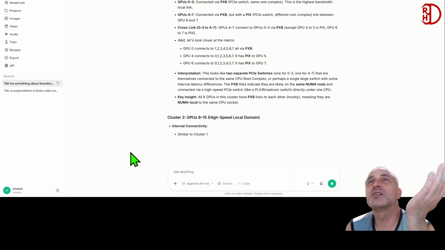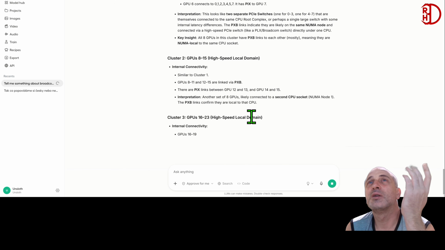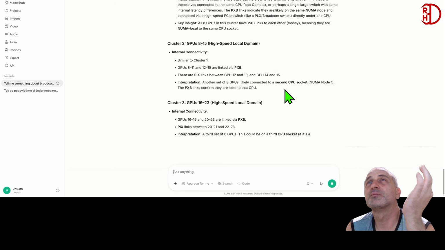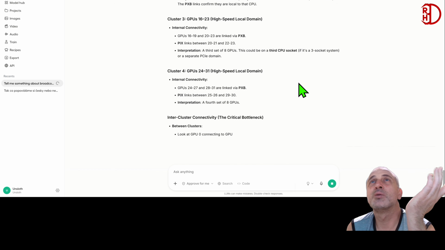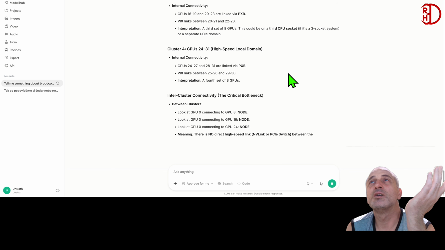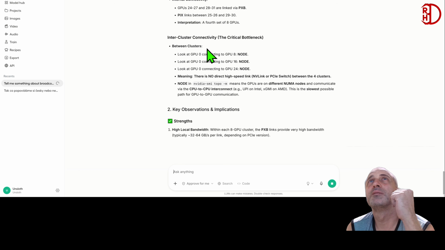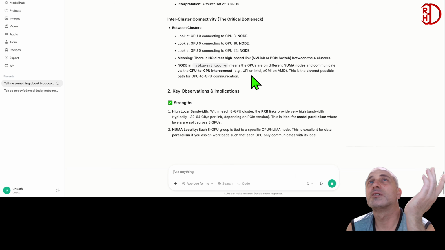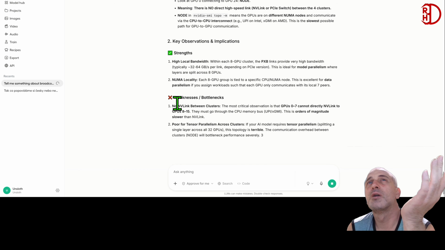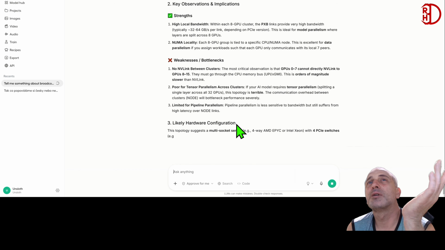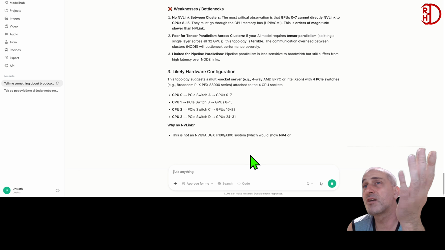And you see it has everything: cluster 1, cluster 2, making information about the nodes. It's doing everything. Cluster 4 also. See, it's making so many things. No bottleneck, okay, blah blah blah. Likely hardware communication. I think it's printing very fast.